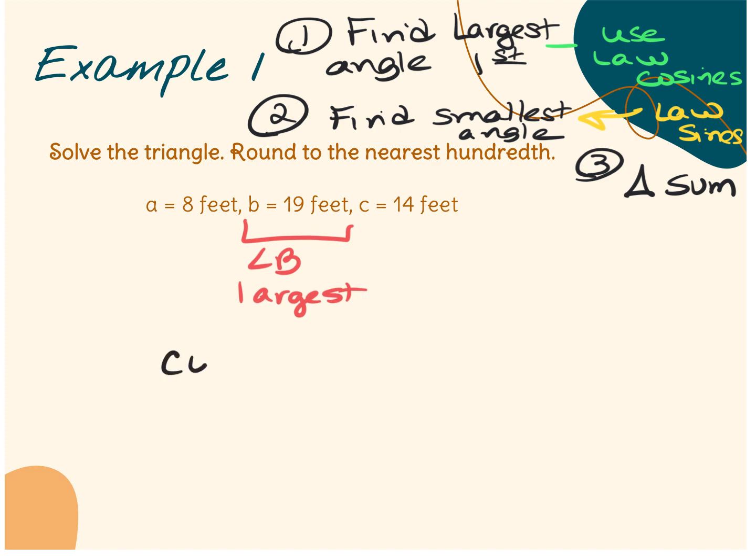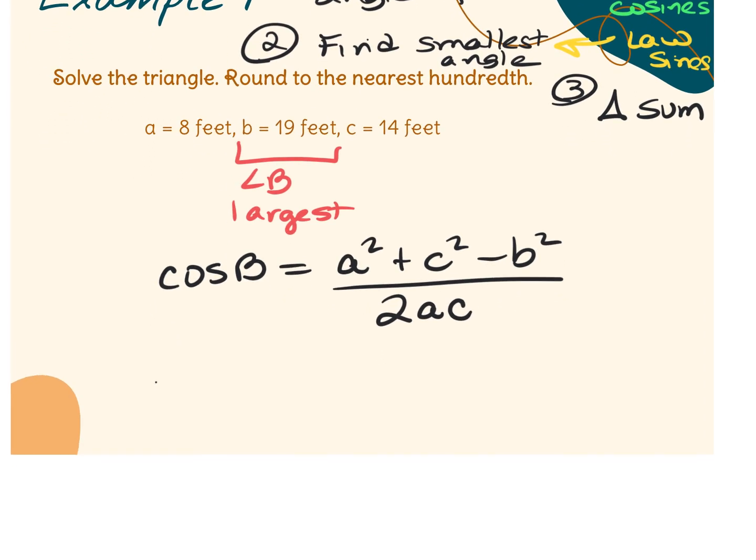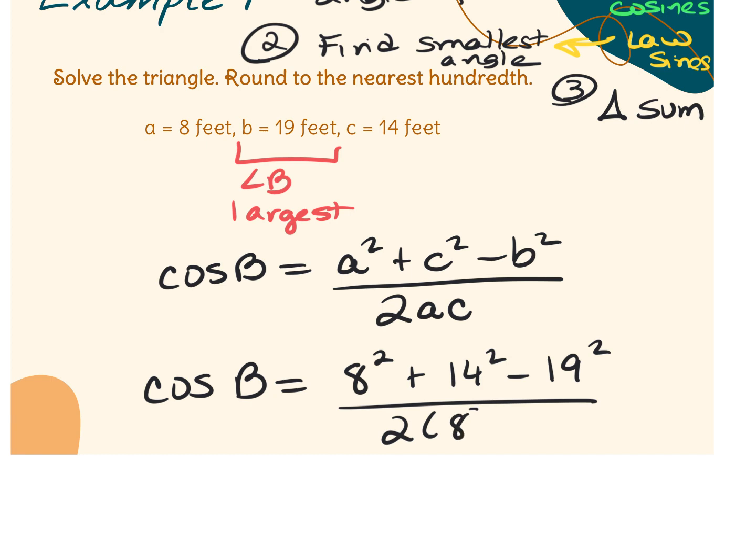Cosine of B is equal to A squared plus C squared minus B squared over 2 times A times C. Now all I'm going to do is fill in my numbers. I don't know the cosine, I don't know angle B. I know side length A, it's 8, C is 14, B is 19. And then 2 times 8 times 14.